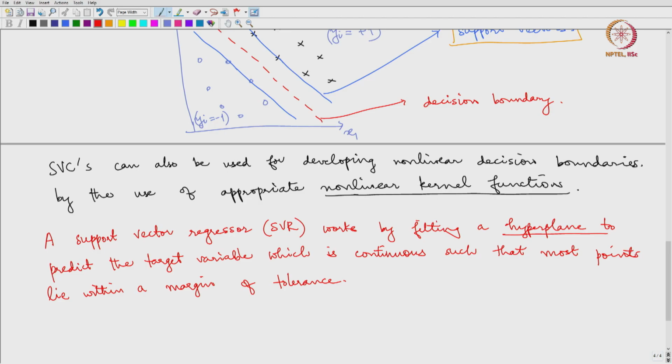Now, one thing to remember is that kernel functions can also be used within SVR to introduce non-linearity.